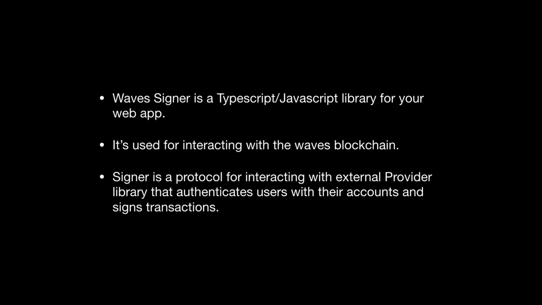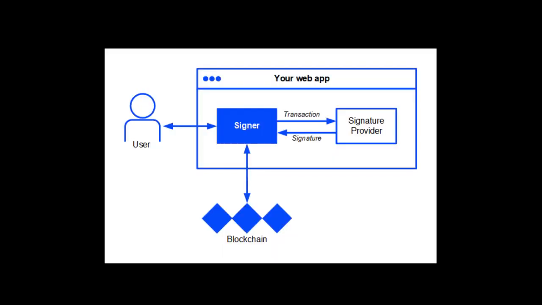So look at it like this: if you visit a website and they need you to sign in, you could see options like signing in with Facebook and signing in with Google. So Wave Signer is like that. It's a layer on top of the blockchain, which allows a web app to be able to connect to different external providers in order to either authenticate the user or to validate or sign transactions.